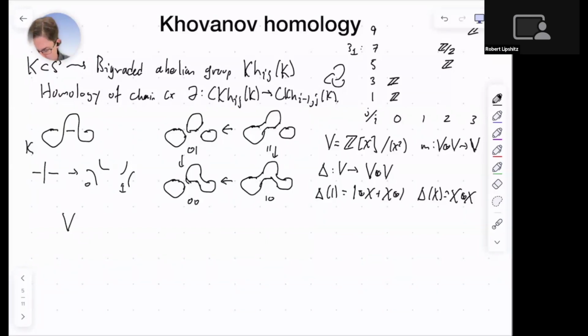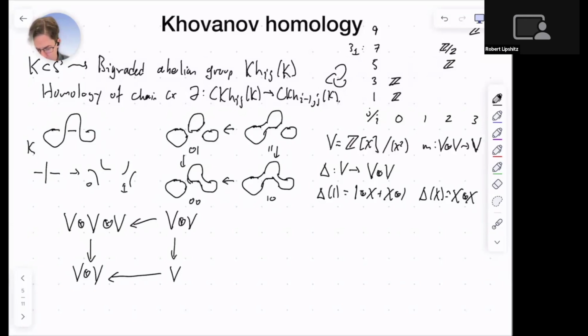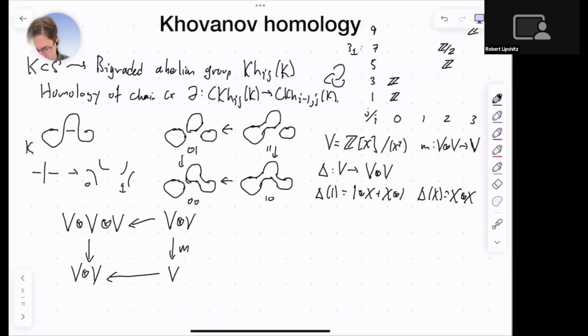So for the cube of resolutions I drew, here's V tensor V tensor V, V tensor V, V, and V tensor V. And now, as I said, between any pair of adjacent resolutions, either two circles are merging or one circle is splitting apart. And so if two circles are merging, you multiply, and if a circle is splitting apart, you co-multiply.